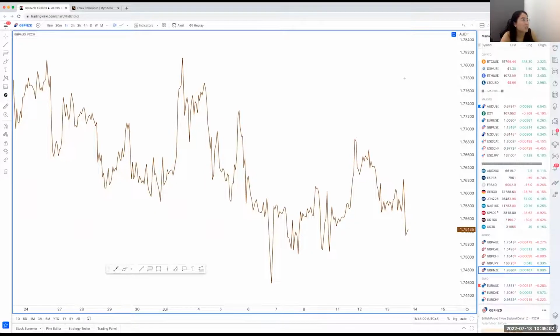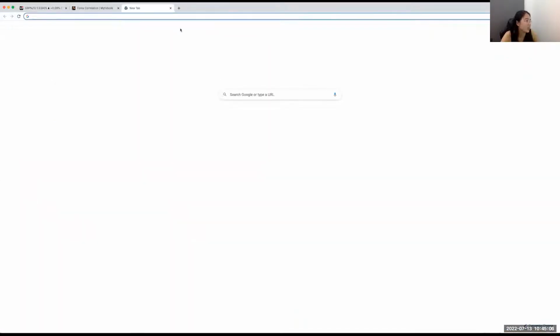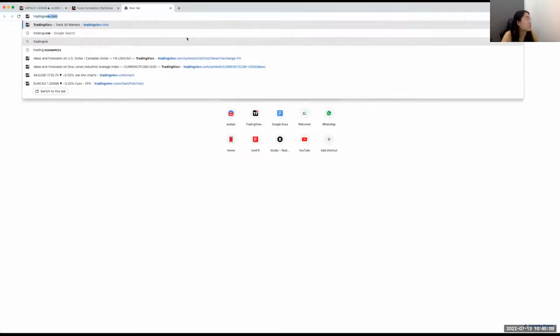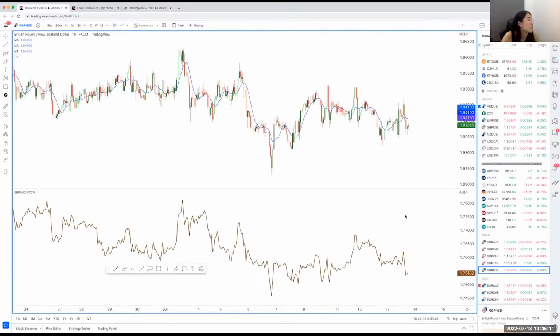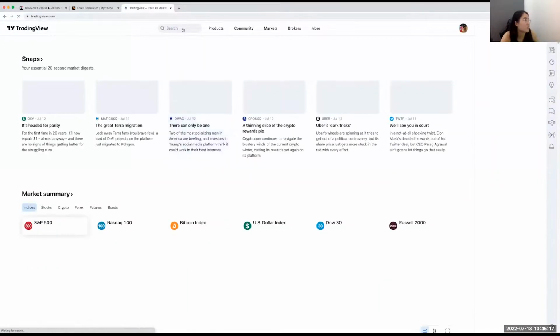Okay guys, I think it's much better if I just open another screen. It'll be much faster. Usually I can compare both charts, it's just somewhere in the settings that I don't see today.